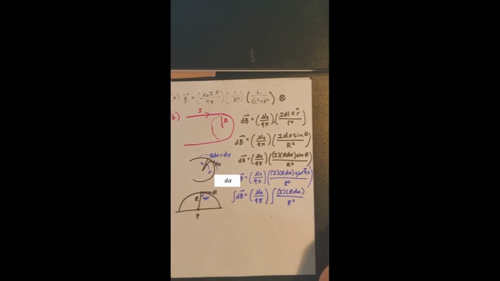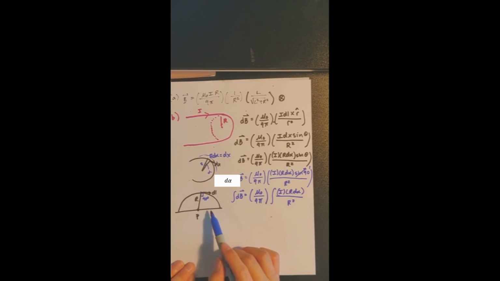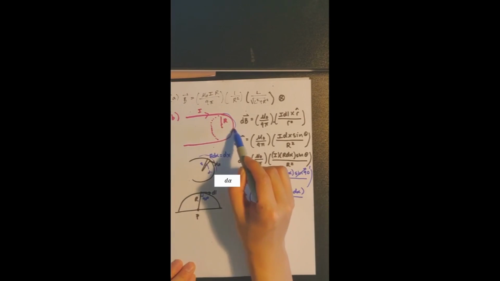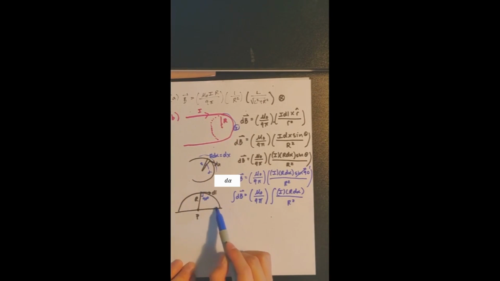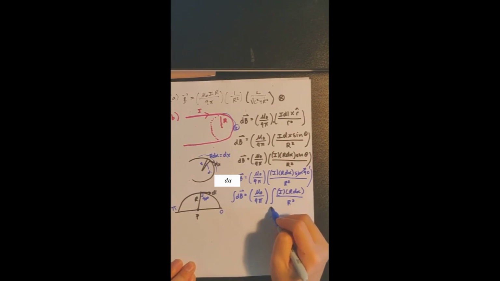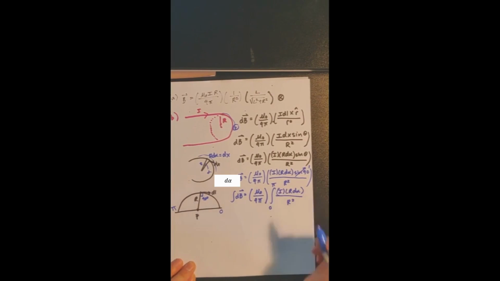In this case, what are the limits of integration? We can look at this actually, because this is really what this part of the wire is. Part 2 is simply just a wire like this. And if you think about this as a circle, this will just be from 0 to pi. And that is going to be our limits of integration.